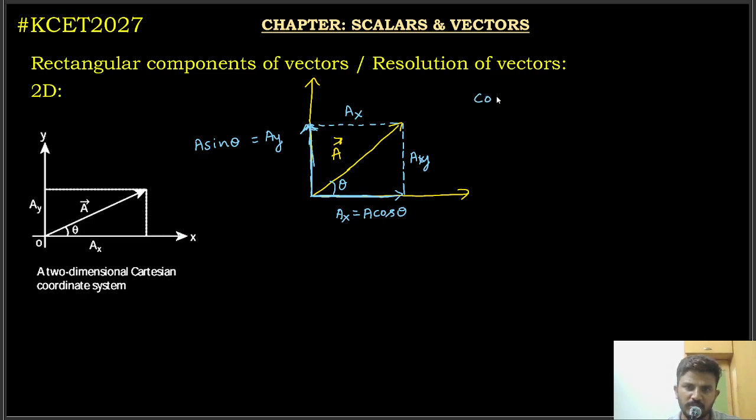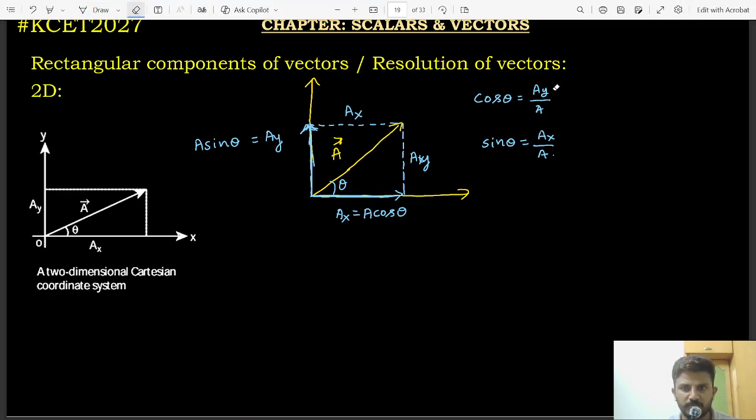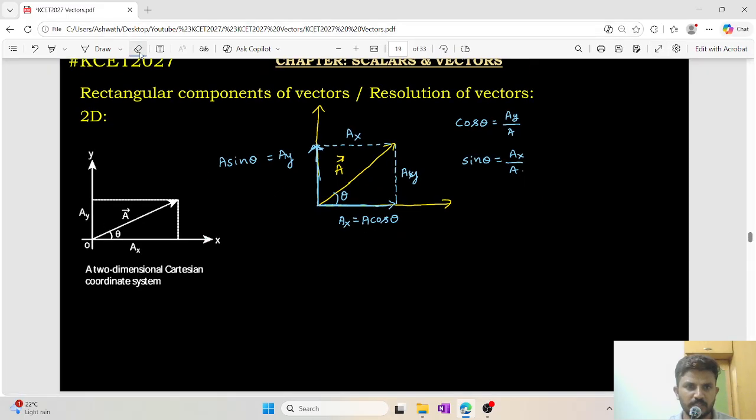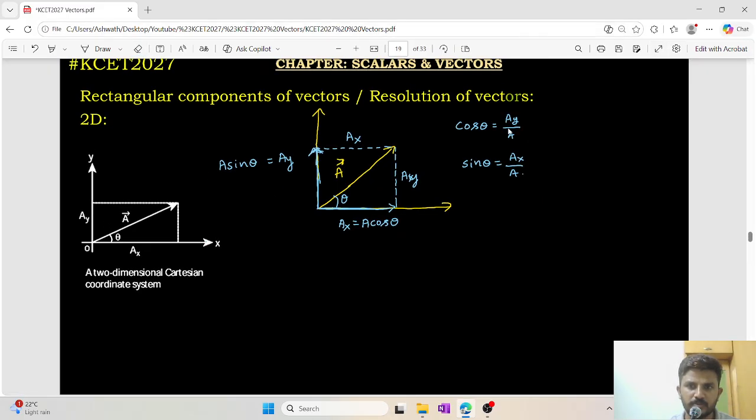So cos theta is equal to opposite by hypotenuse and sin theta is equal to adjacent by hypotenuse. Okay, sorry, what did I write? Sin theta is opposite by hypotenuse.